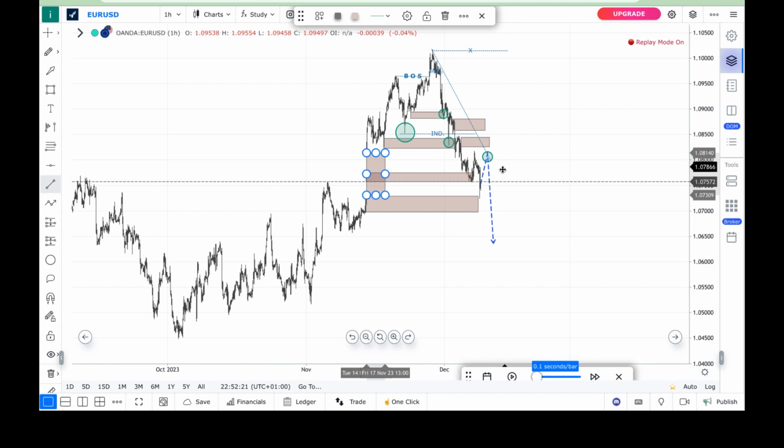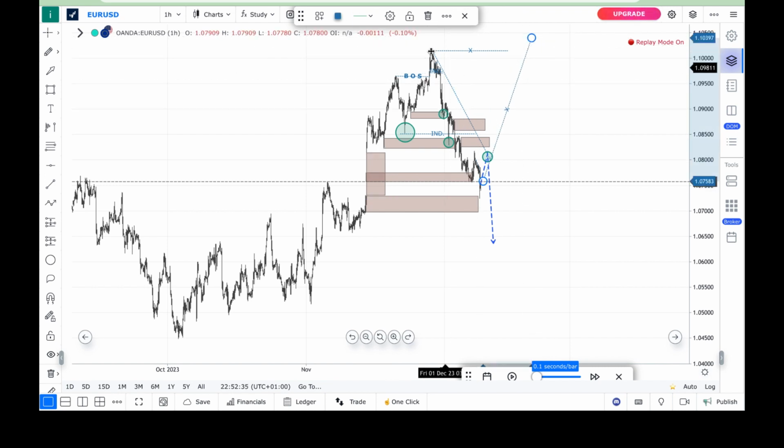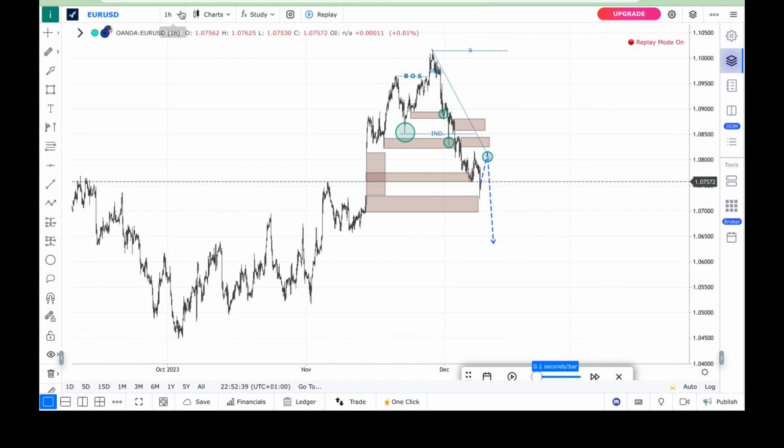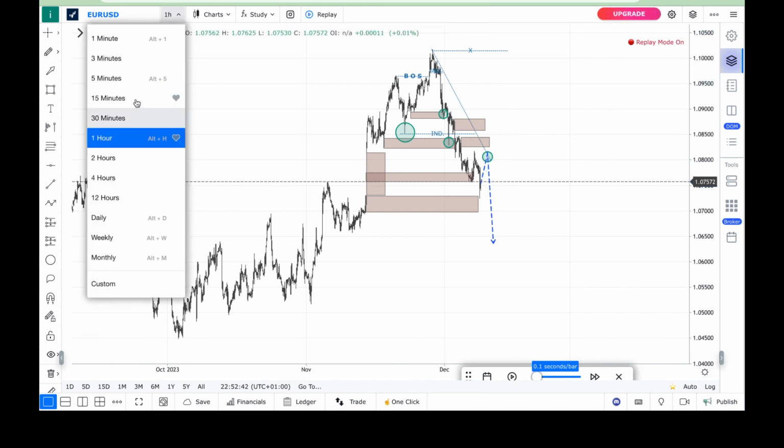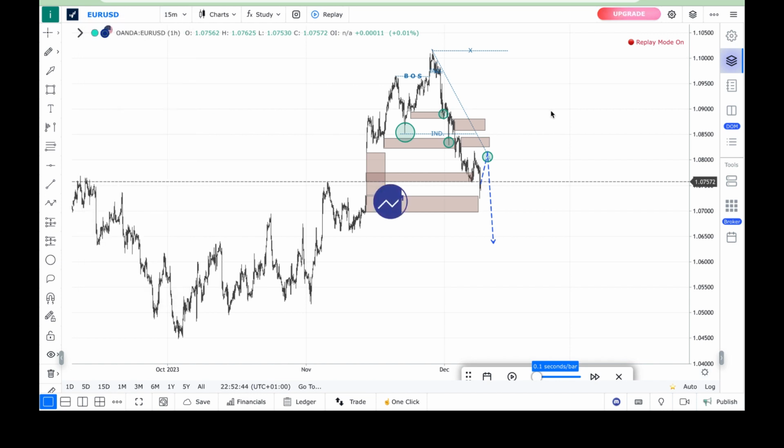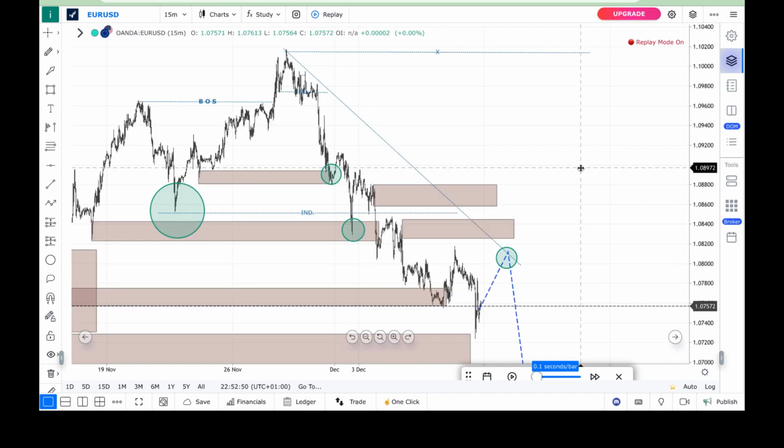The market is going back now to take another liquidity because people already set limit orders here, some here. So it's going back to take another set of liquidity. That's exactly how the market works, how the market grabs liquidity on everyone.